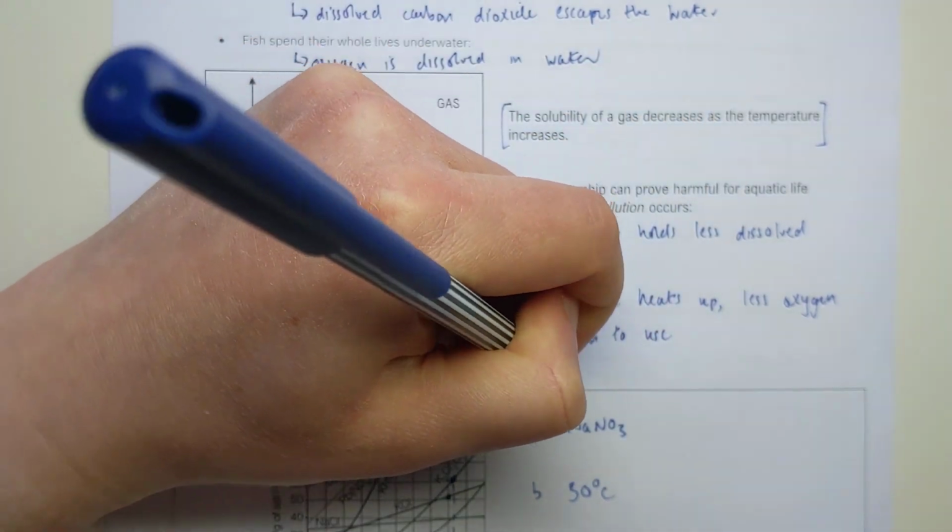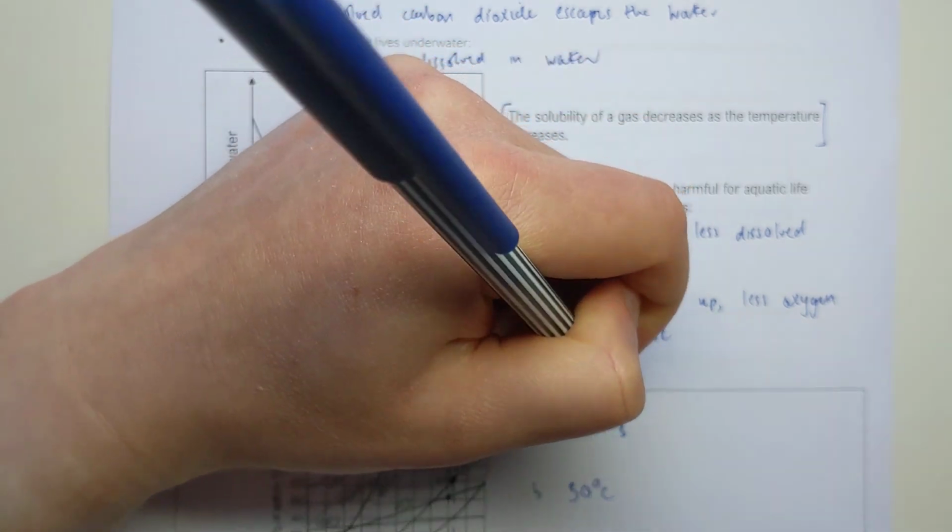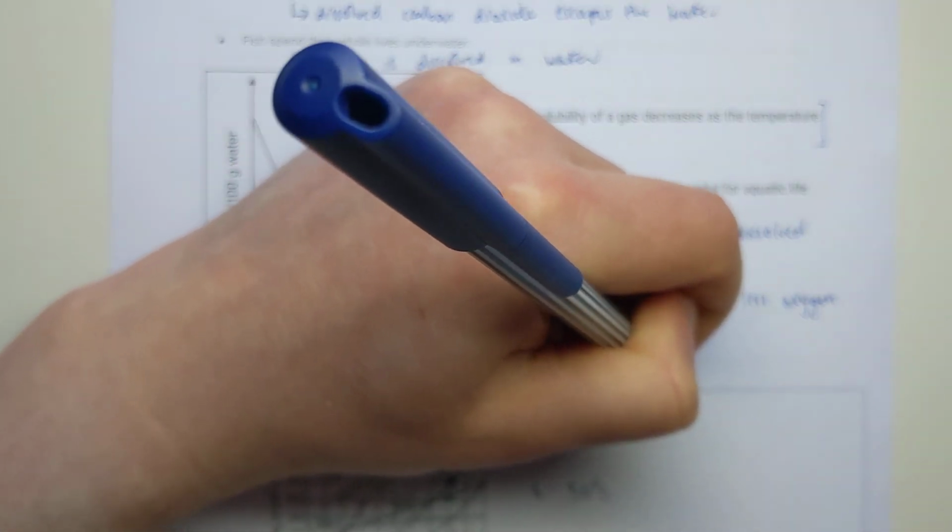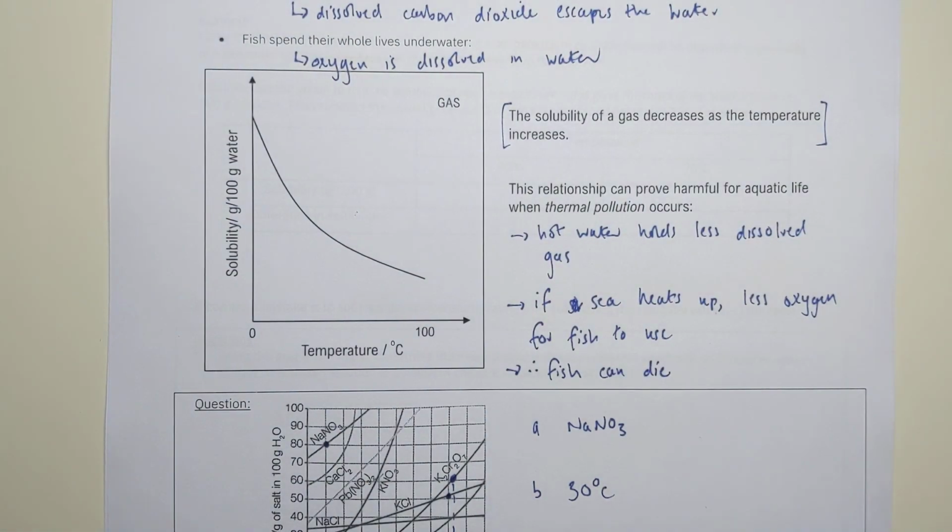And therefore, fish can die, which is very unfortunate. So that's the only thing you need to know about gases. Solubility decreases, temperature increases, leads to something called thermal pollution caused by factories heating up the water around them.